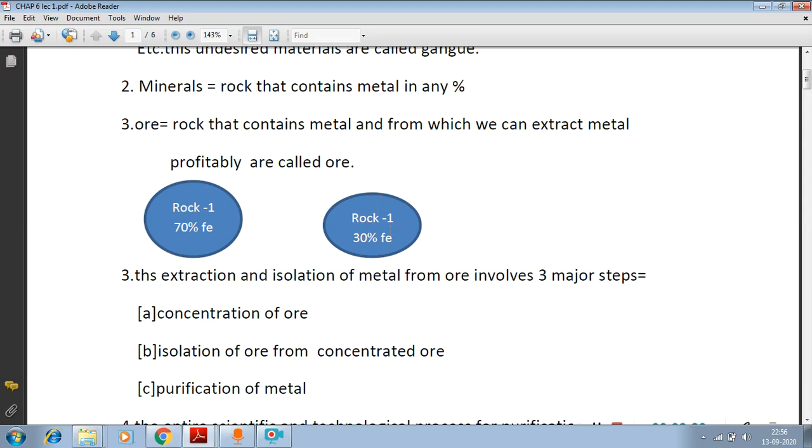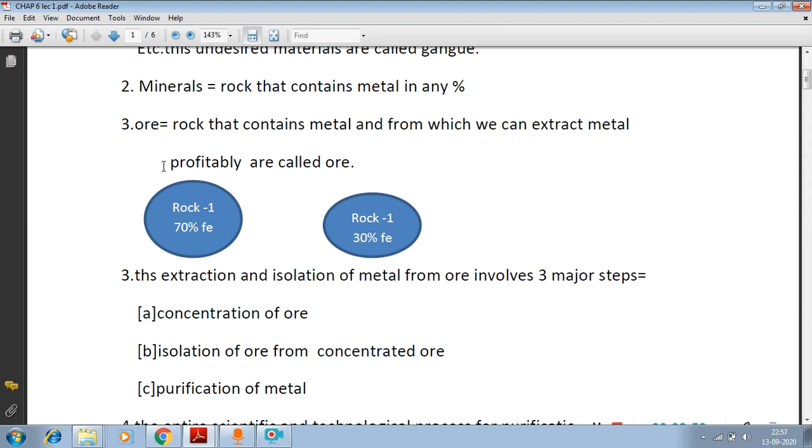Now you can see rock 1 is having more Fe here. So from the percentage you can say that rock 1 is ore and rock 2 is not ore. Rock 1 and 2, they both are minerals, but only rock 1 is ore here according to percentage only.